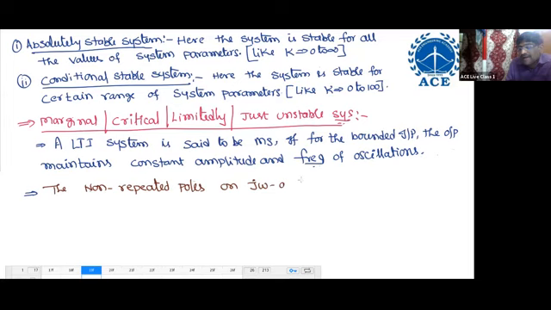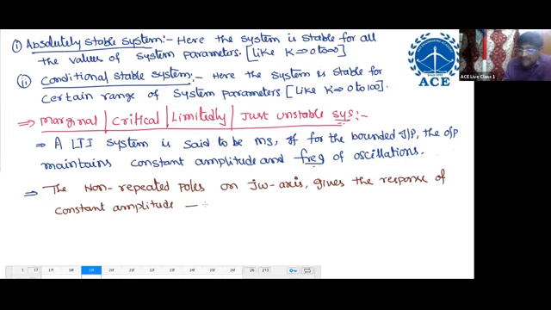gives the response of constant amplitude and frequency of oscillations.